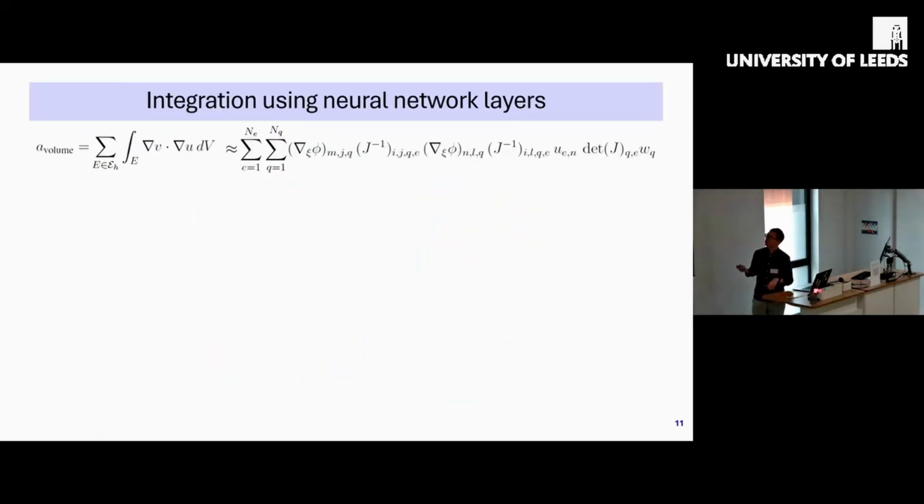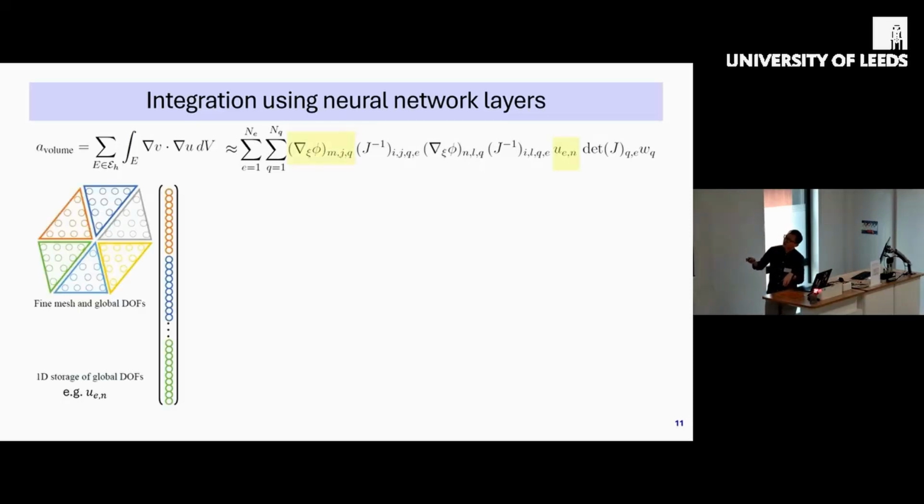So I'm giving more concrete examples here using the volume integral. For example, if you want to multiply the vector field, your solution vector, the guessed x there, which has been rewritten as a u here, with a shape function, first, as I said, you can store all your solution vectors continuously in your memory.